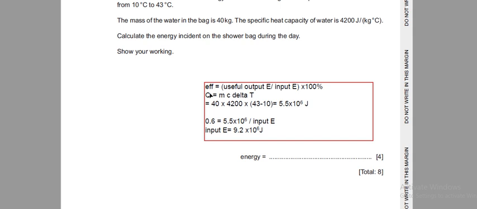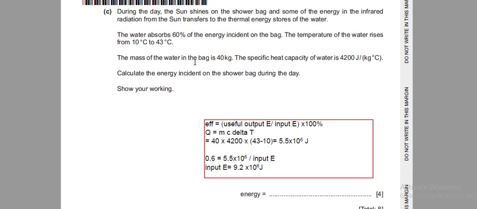This is the output energy gained by water when the input from the sun is incident on the bag. So we can use then the equation of efficiency, where we will make the 60% efficiency 0.6, removing the percent sign by dividing by 100.